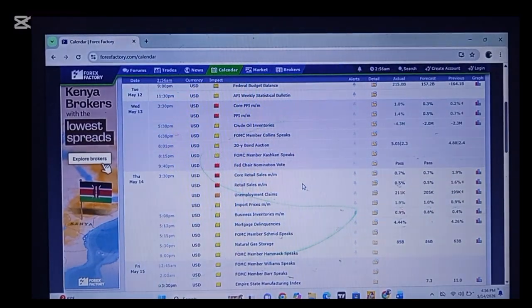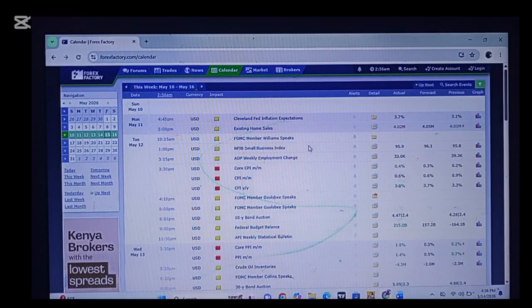I was very fixated on PPI and CPI because these are the tools that measure inflation in an economy. So if you do not know this news, it's not a must for you to cram it. Forex Factory has made it easy for somebody to know what the news is all about.